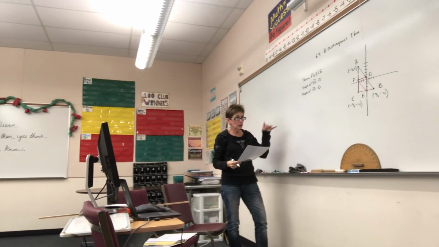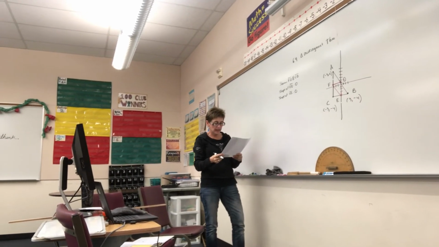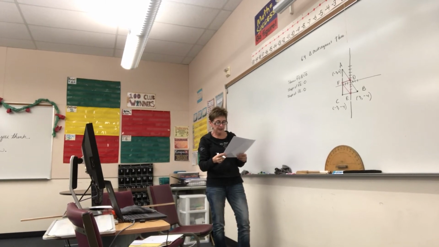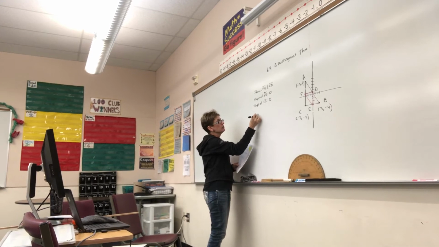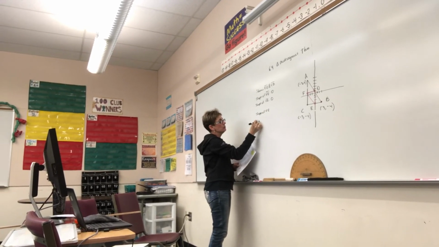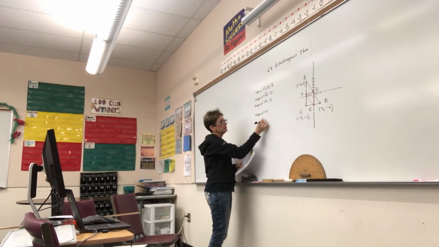So since the slopes are the same, the lines are parallel. So we've done that. Now let's compare FE and AB. FE, slope of FE, and then slope of AB.